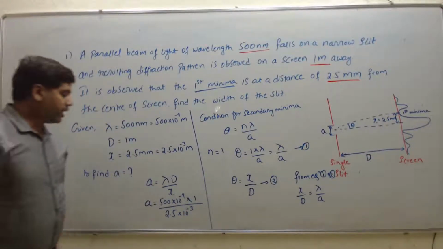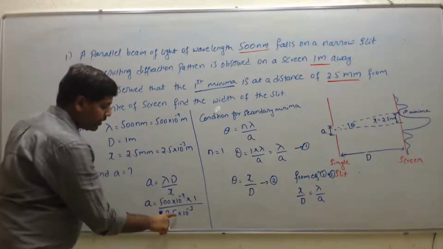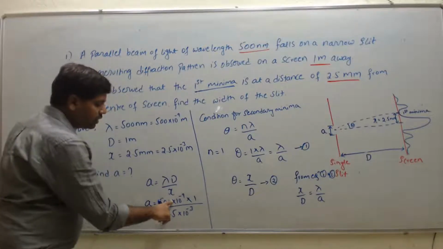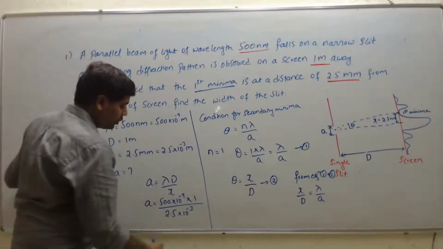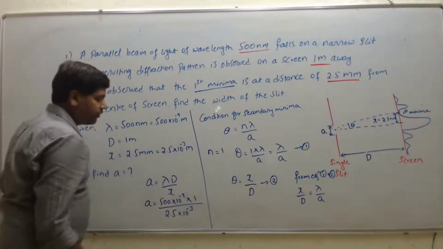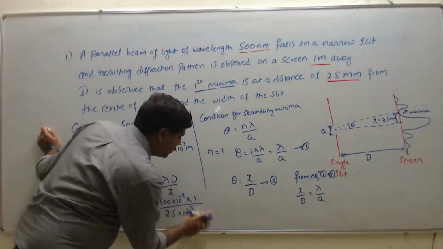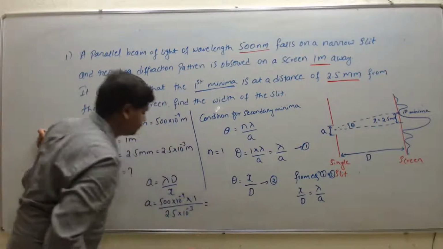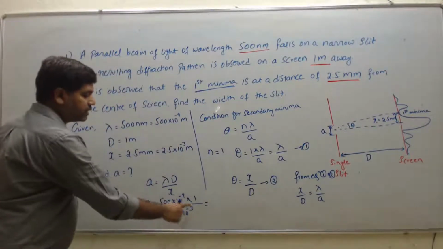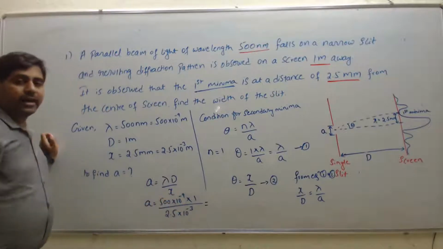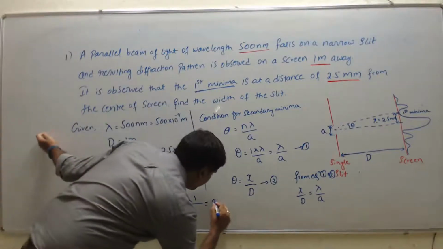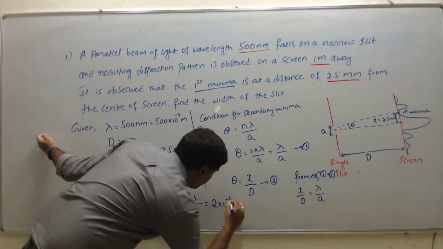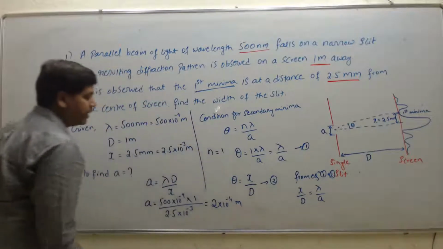So if we simplify, 25 becomes 5000, or 5 divided by 2.5, or 50 divided by 25. The 10 to the power of minus 3 goes to the numerator, it becomes 10 to the power of minus 6. Then if we simplify, we get 2 into 10 to the power of minus 4 meter.